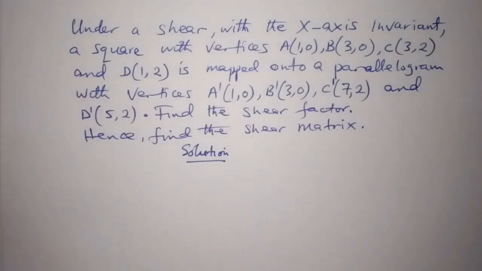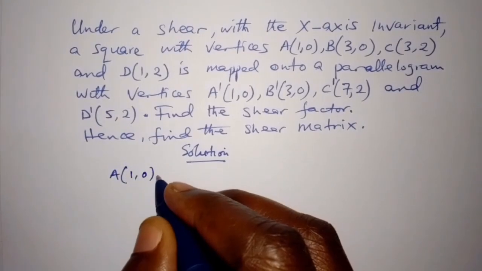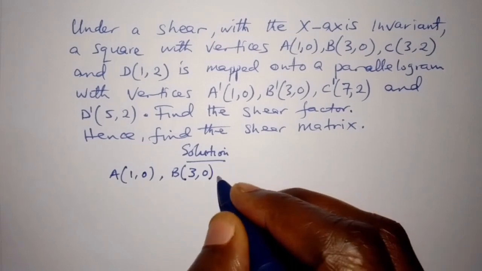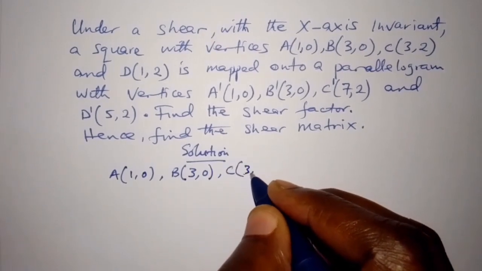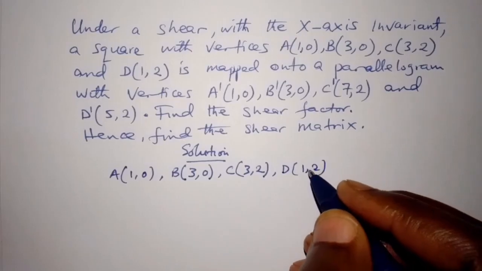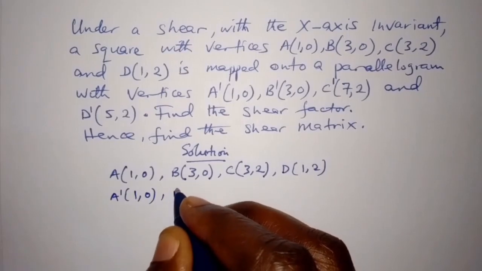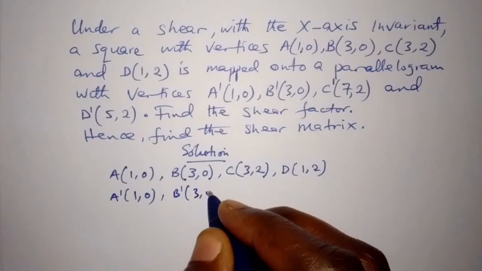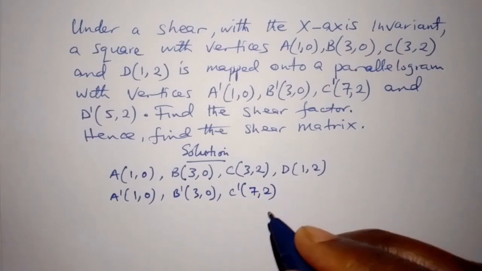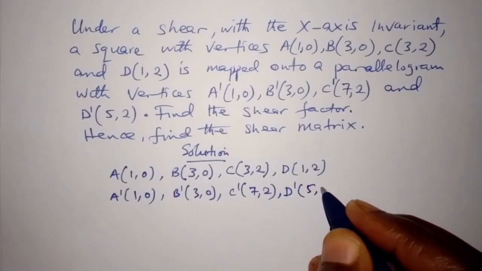So we are given the points as A(1,0), B(3,0), C(3,2), D(1,2), A'(1,0), B'(3,0), C'(7,2), D'(5,2).